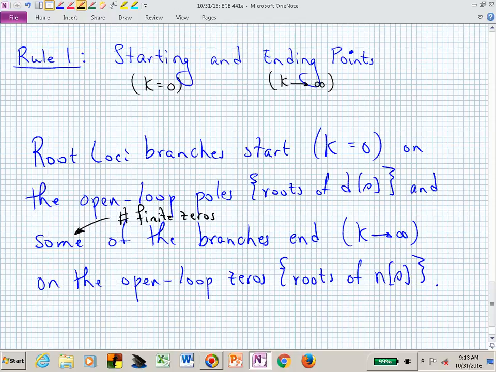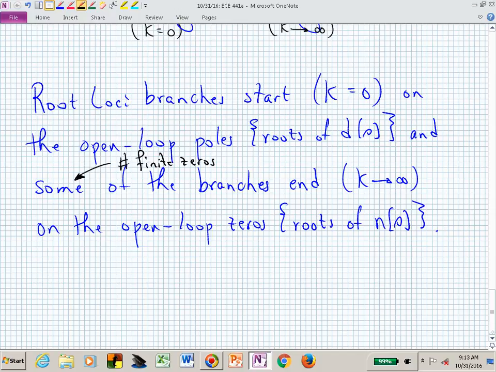If d of s is fifth order and n of s is second order, there's a pole zero difference of 3. We have actually 3 zeros at infinity. And the branches associated with those zeros at infinity are the ones that are defined by the asymptotes, and those are going off to infinity. They aren't going to be fixed on this visible piece of our finite S-plane sketch.